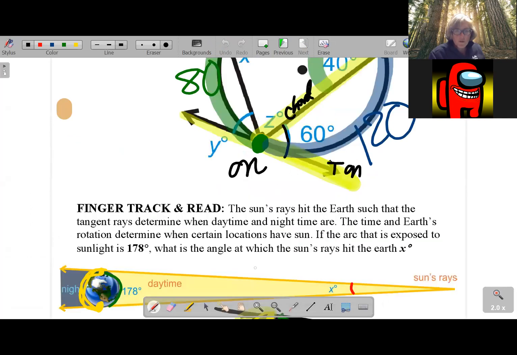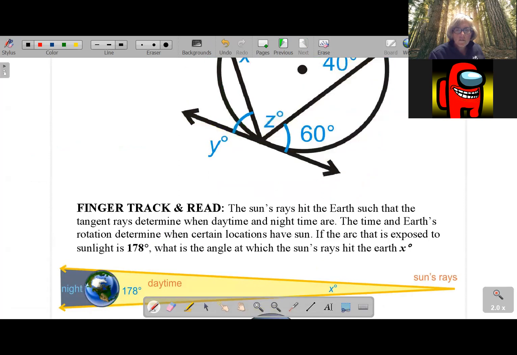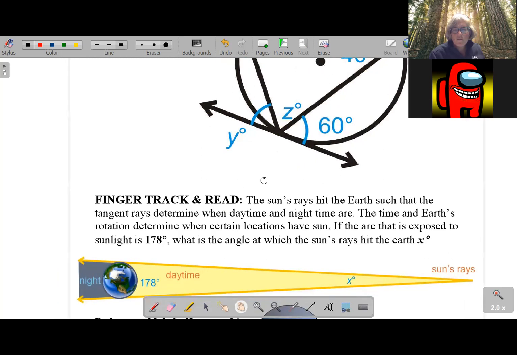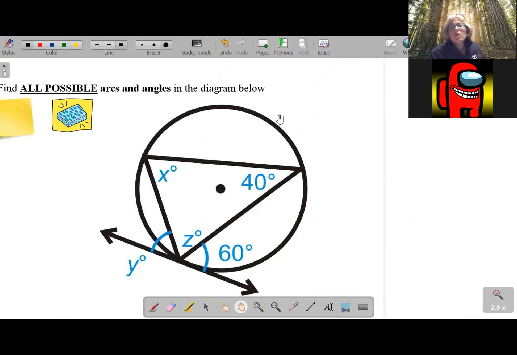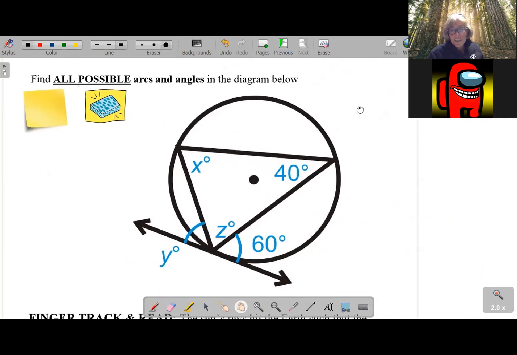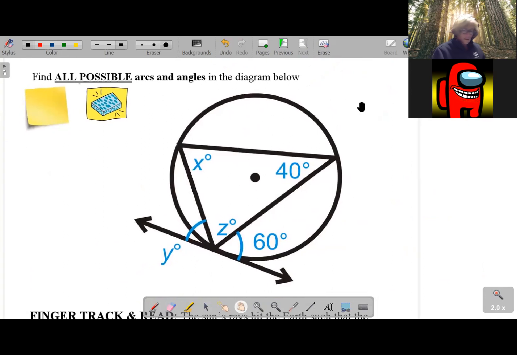Okay, top or bottom, sir? The top. Okay. Tell me what you understand so far. What do you observe? I'm not asking you to solve anything. I'm just asking you to tell me what you see. Well, for X and Z on the triangle, I got 70.